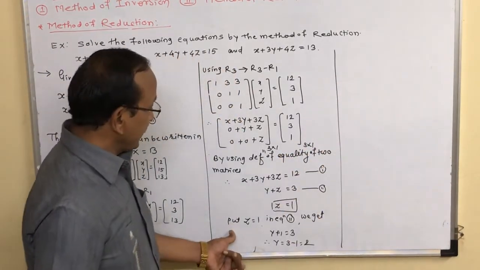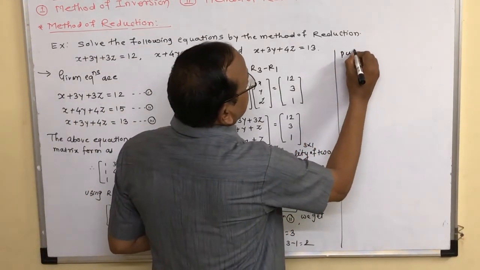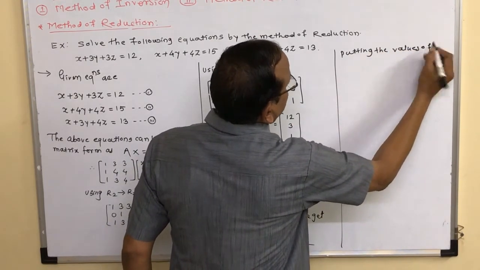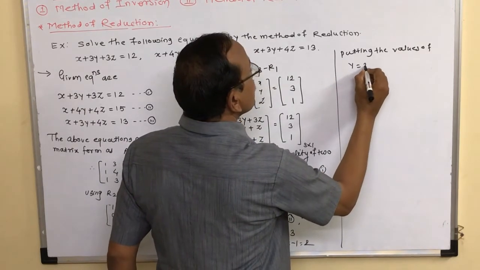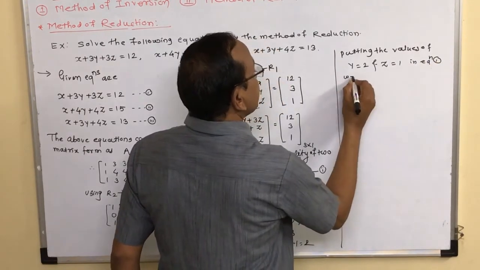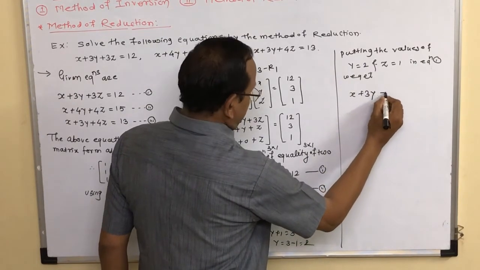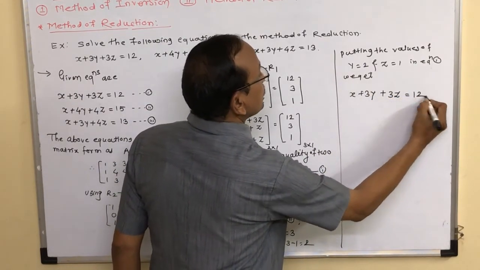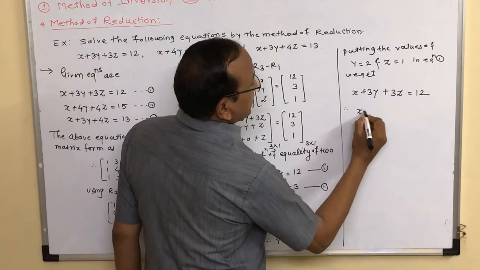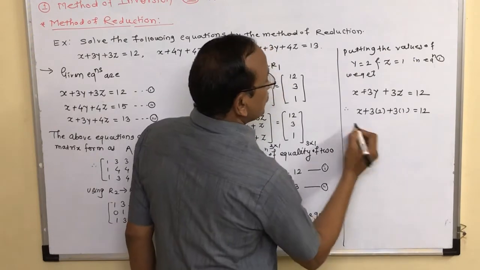Now putting y is 2 and z is 1 in equation 1, which is x plus 3y plus 3z equals 12, we get x plus 3 into 2 plus 3 into 1 equals 12.